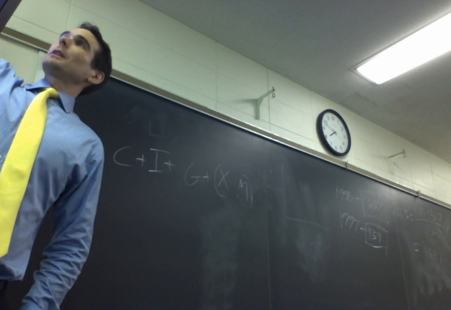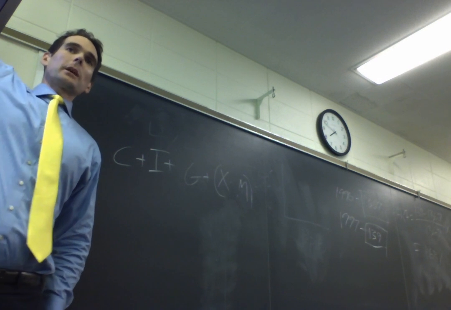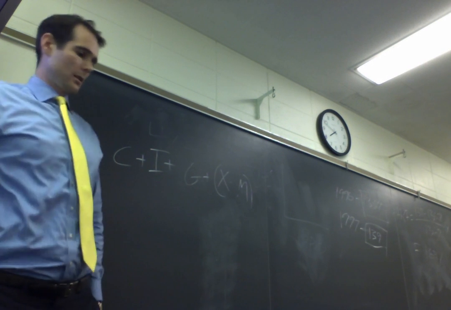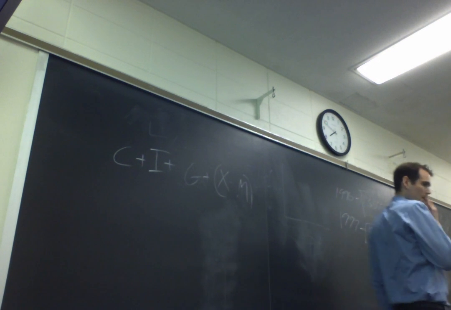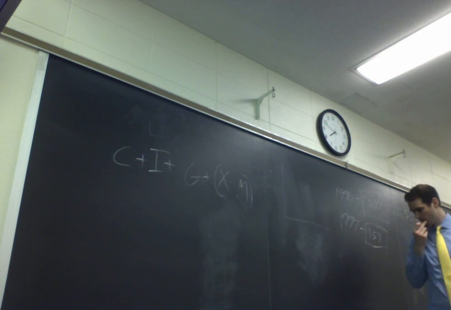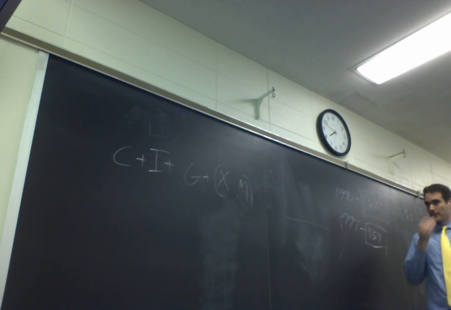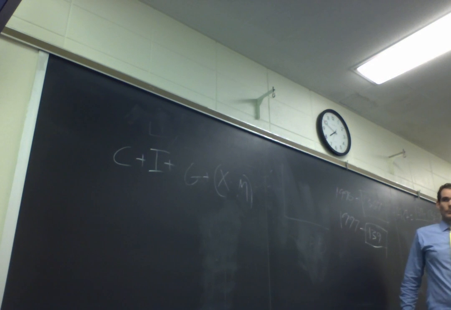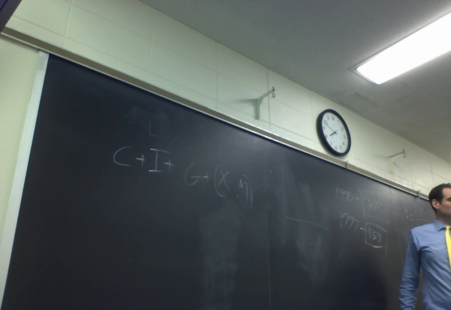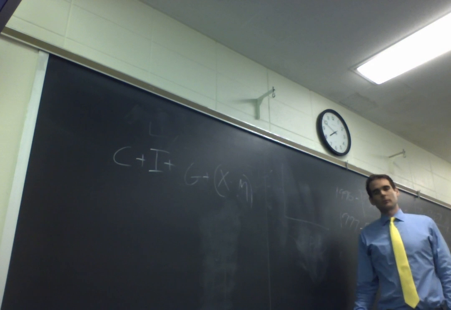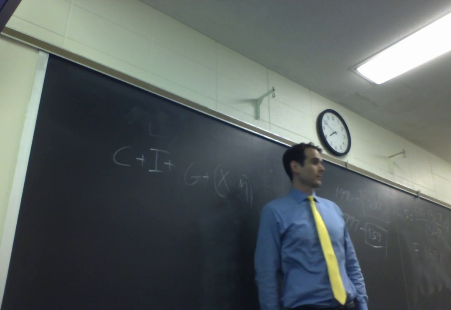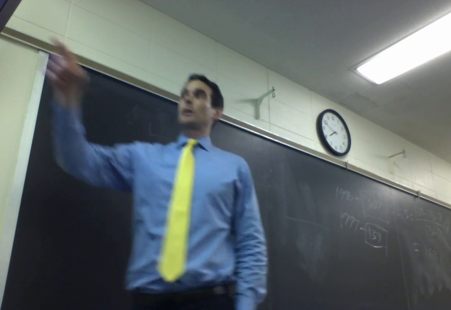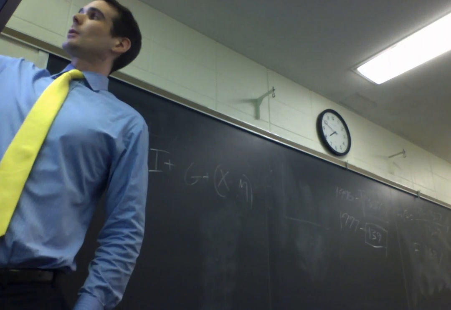All right, so what happens to equilibrium when we have that surplus? Take a look at the graph and tell me what you see happen. What's that? It goes down. Price goes down, right? All right, price goes down, and what else happens?